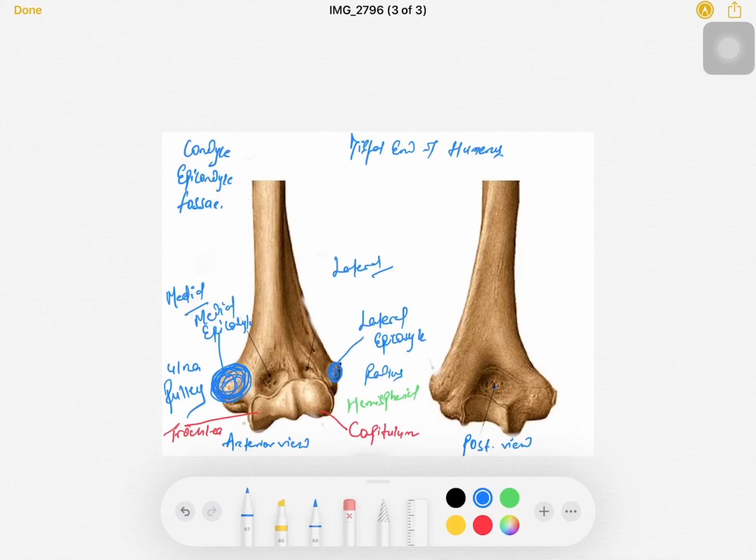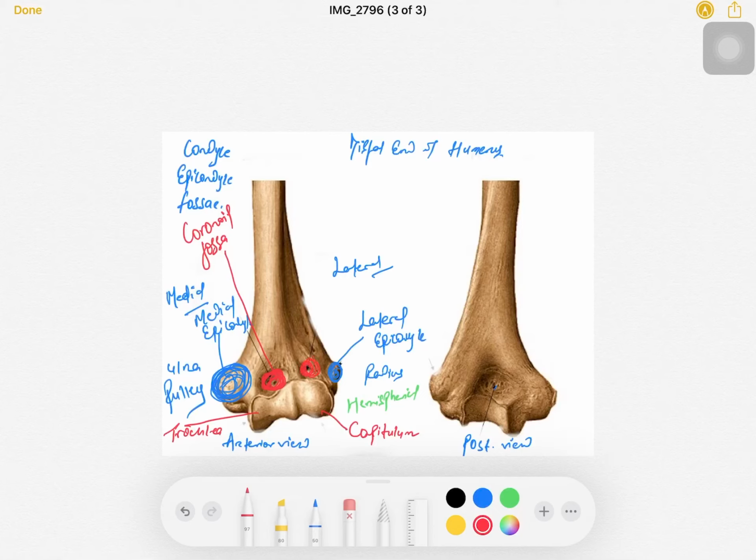If we talk about the fossae, the first one is your coronoid fossa. So I will draw. This one is your coronoid fossa. The coronoid fossa is superior to the trochlea, and it is adjacent to the radial fossa.